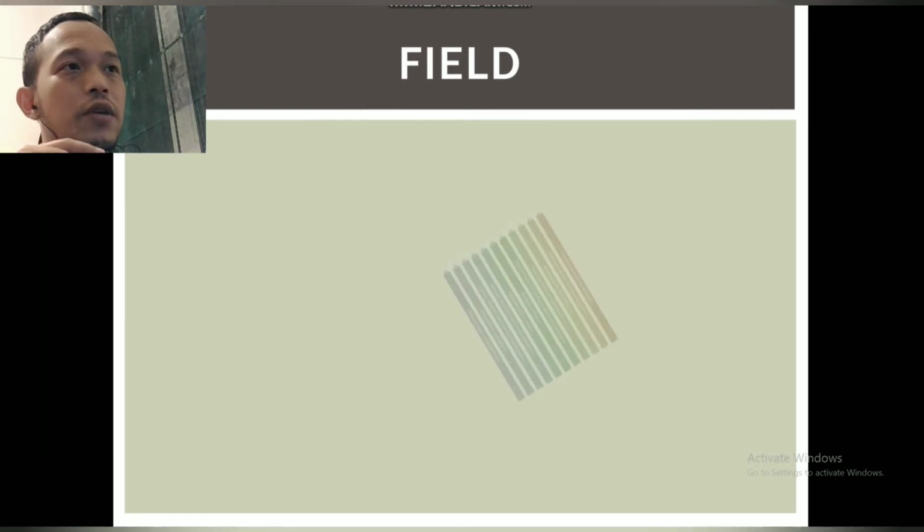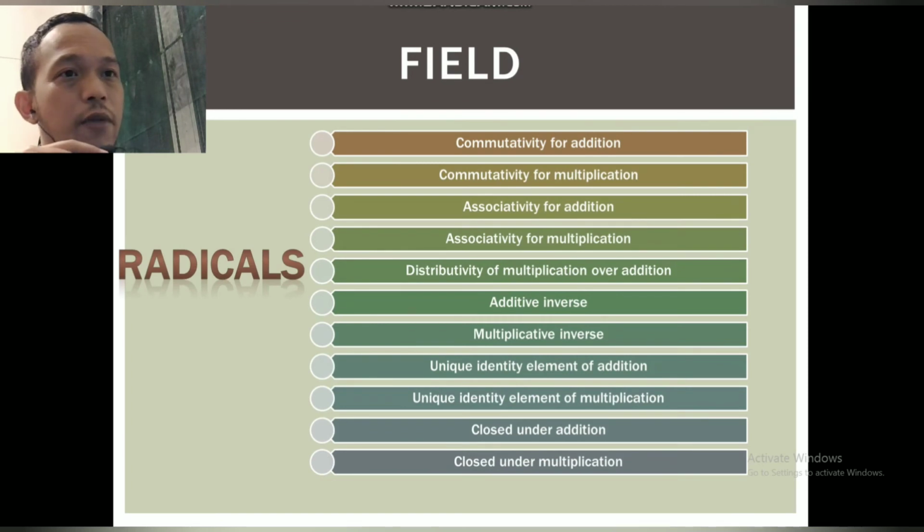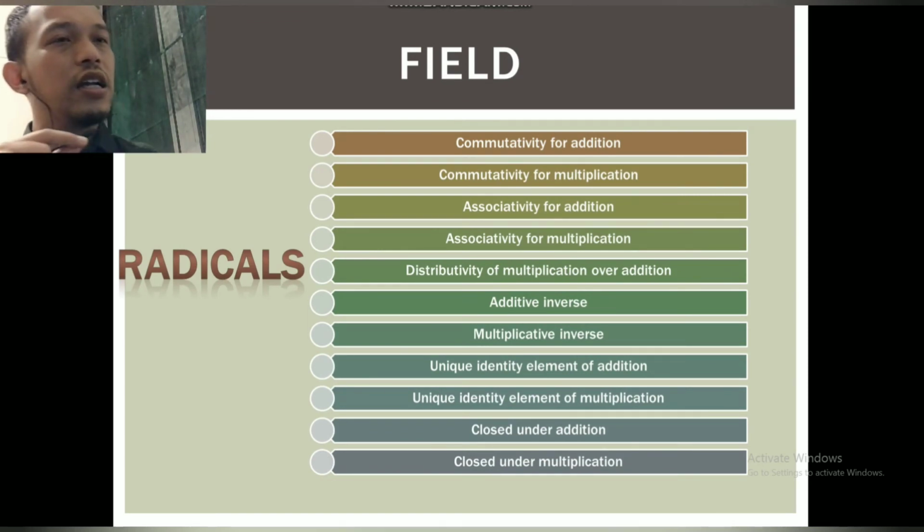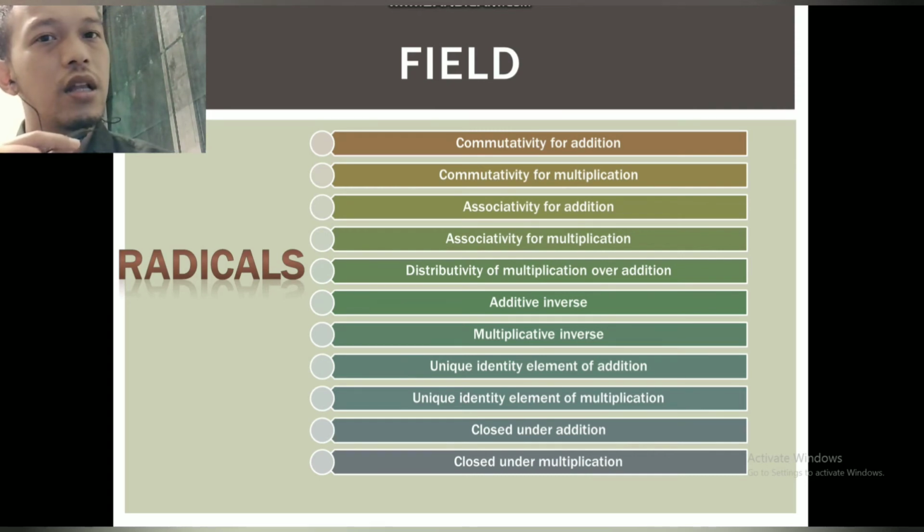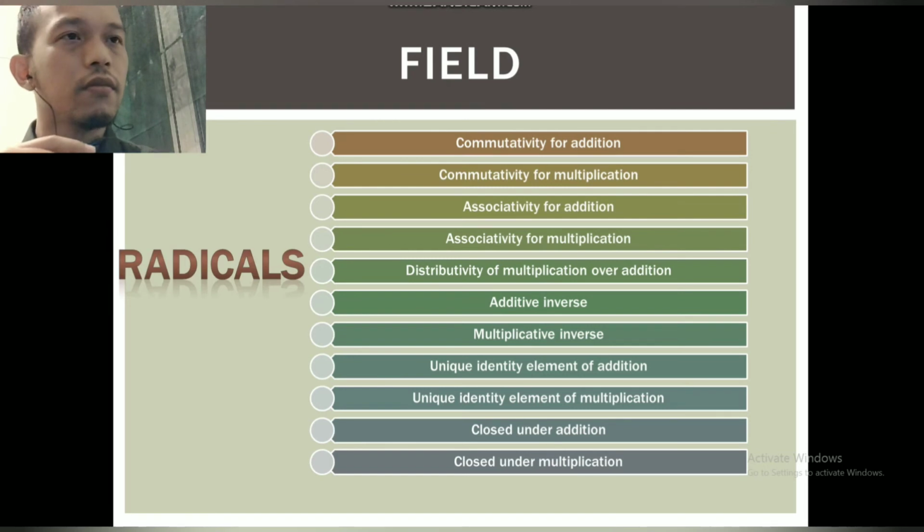So let's pick another set of numbers. If I pick radicals, I need to check one by one against these 11 field axioms, and ask whether all the numbers involved stay radicals only, not outside radicals.